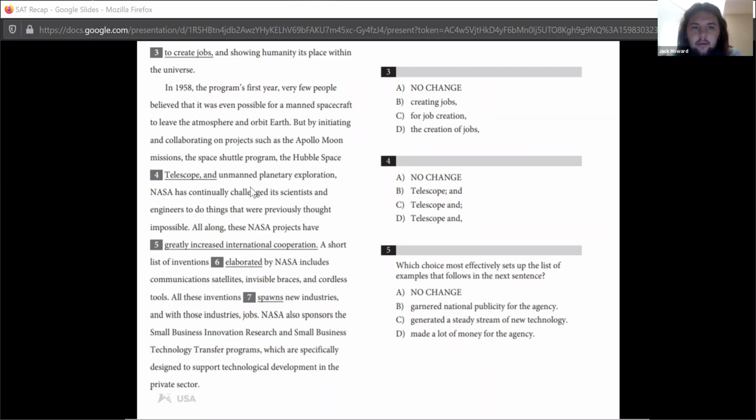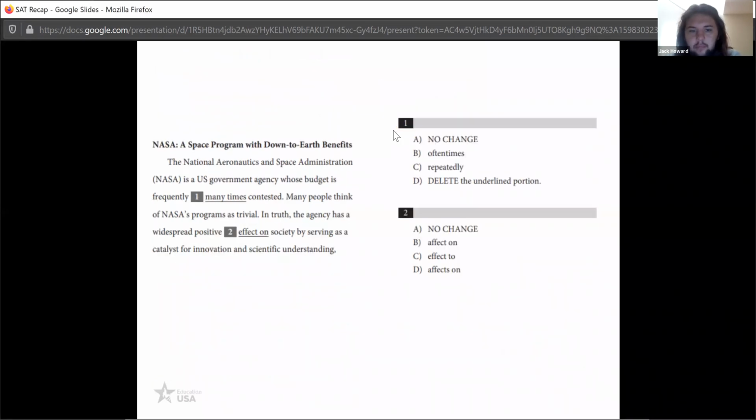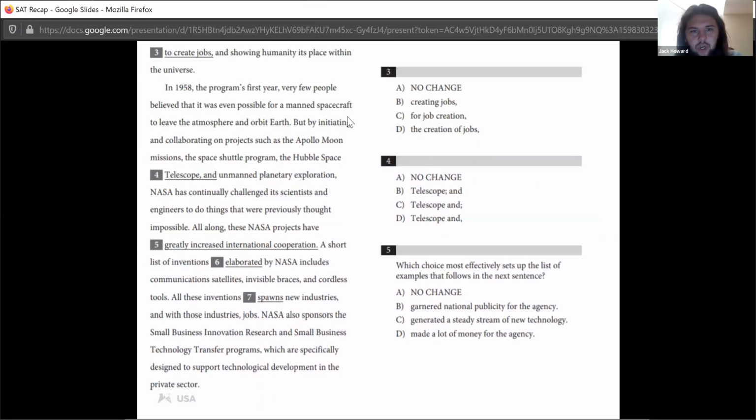In this case, you have the list starting out with serving as a catalyst for innovation and scientific understanding, and you have it ending with showing humanity its place within the universe. So you can see the grammatical form that the other items on the list take. When I say items on the list, of course, I mean these phrases.